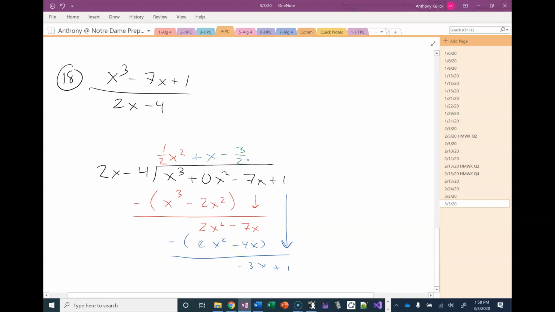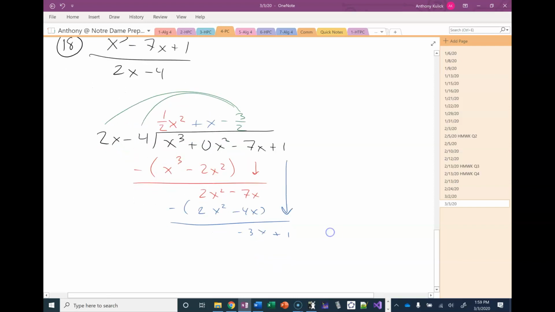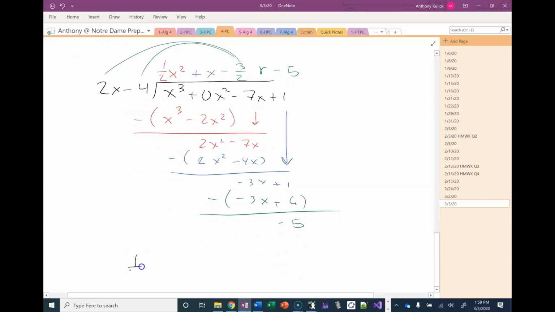That's going to be negative 3 over 2. So multiply that to both places. Plus 6. And that gives me negative 5 as my remainder. So my answer I'd write is 1/2 x squared plus x minus 3 over 2 plus negative 5 over 2x minus 4.